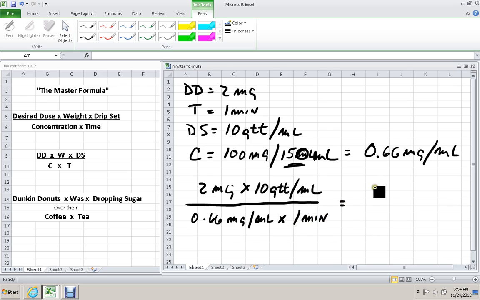All right, so this is 20 drops. These cross off. Divided by 0.66 minutes, which, if you do the division, works out to 30 drops per minute.